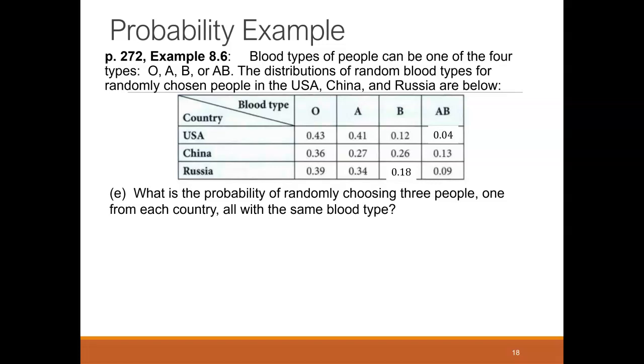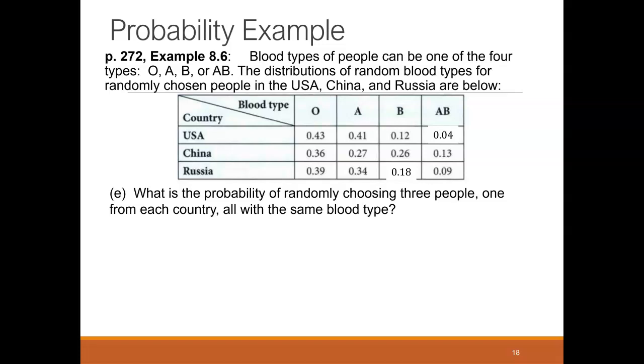What is the probability of randomly choosing 3 people, 1 from each country, all with the same blood type? So how many different ways could that occur? 4 ways, right? You could pick 3 people with O, 3 people with A, 3 people with B, and 3 people with AB. Correct? And those are mutually exclusive, correct?